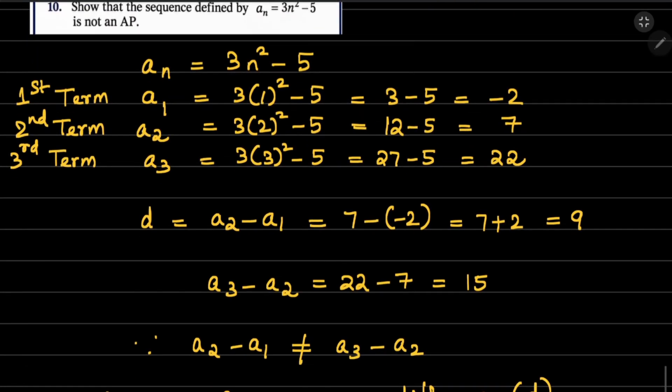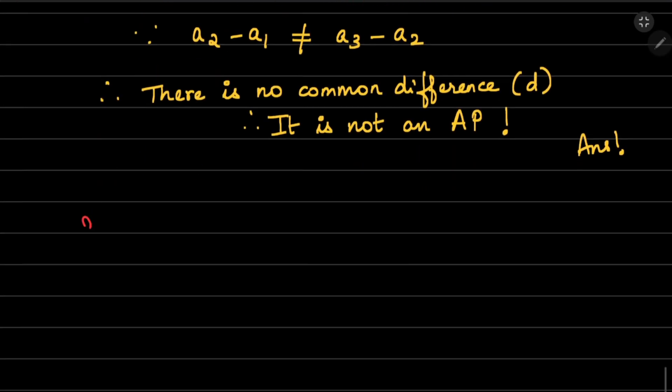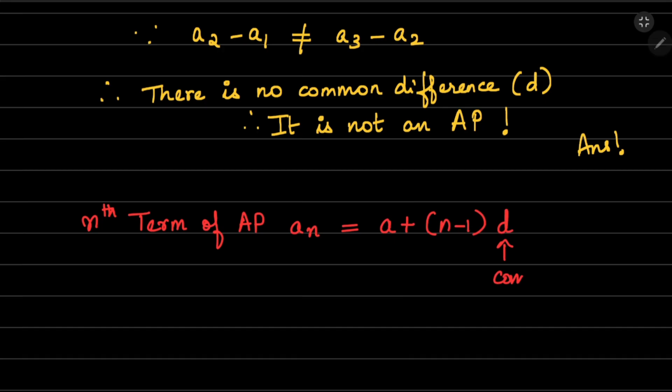So today we were only doing problems related to the nth term formula. So what is the nth term formula? The nth term of an arithmetic progression is given by an equal to a plus n minus 1 into d, where d is nothing but the common difference, that is A2 minus A1 or A3 minus A2 or the fourth term minus the third term, and it goes on.